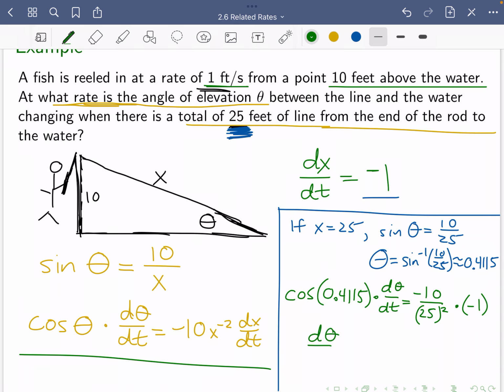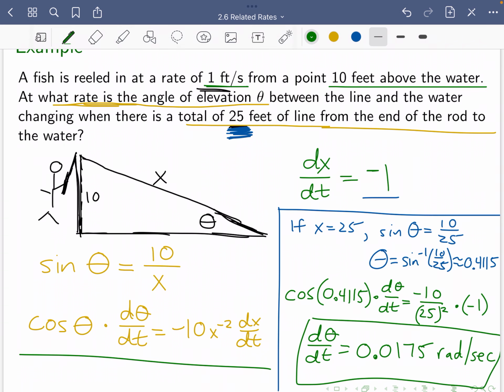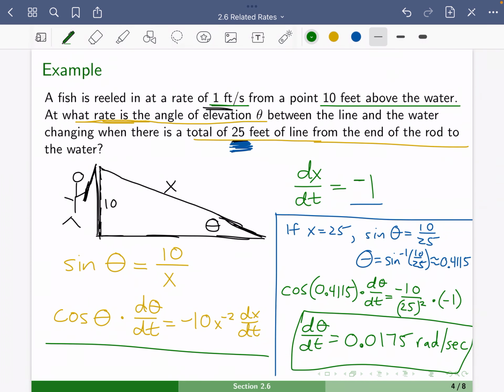And so d theta/dt is equal to, if we go through and solve that, 0.0175. The units on this would be radians per second. That is our solution. Great. So that's how we could roll through that.